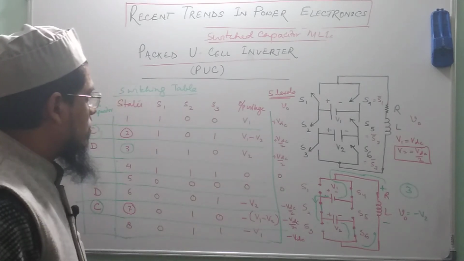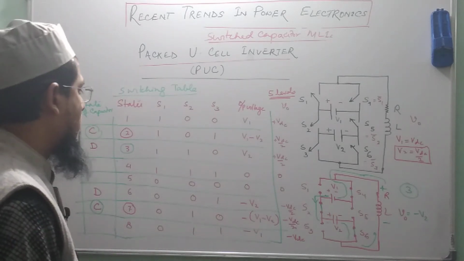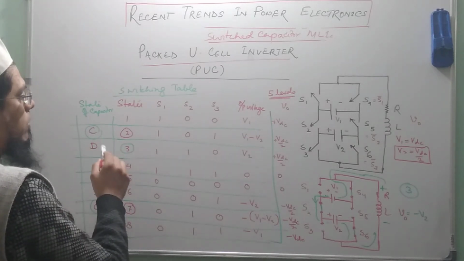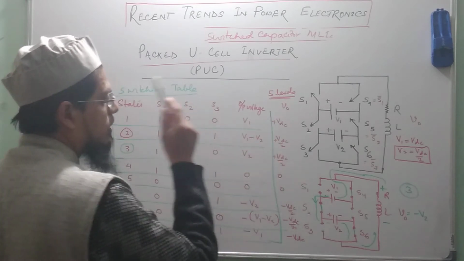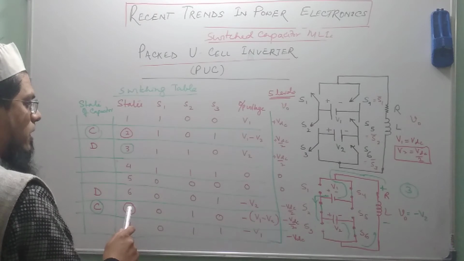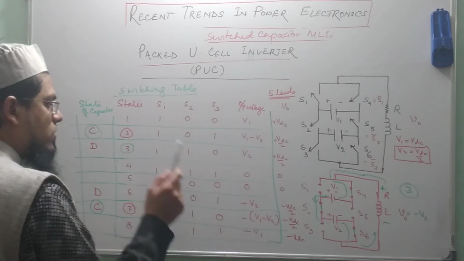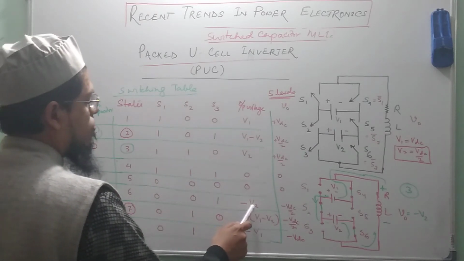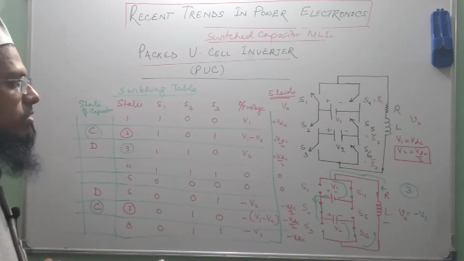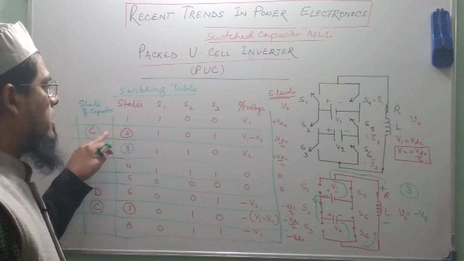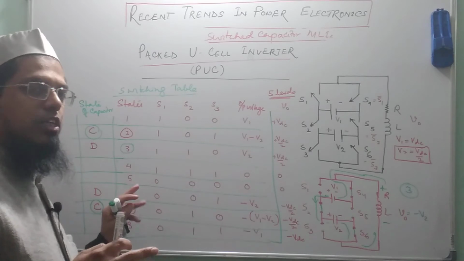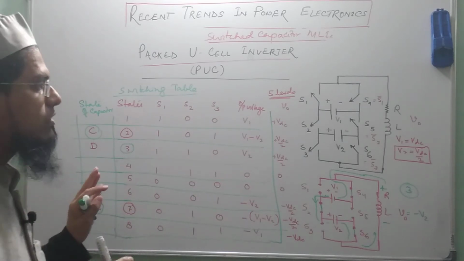How? So if we select charging state, okay, when we are generating plus VDC by 2 output voltage, and we select discharging state, that means 6th state, when we are generating minus VDC by 2, that means in positive half cycle the capacitor is charging and in negative half cycle the capacitor is discharging. So the net change in energy is 0 in one complete cycle.